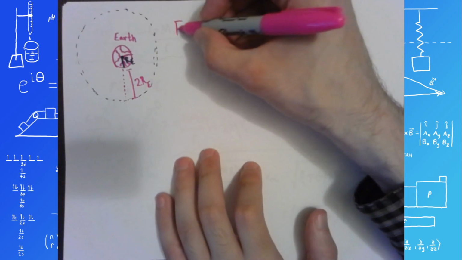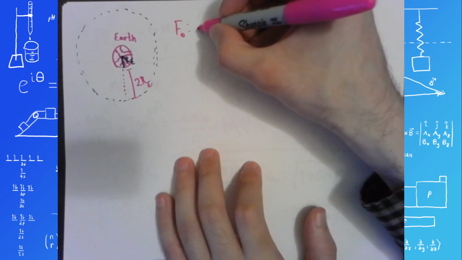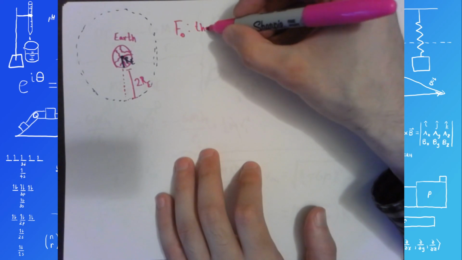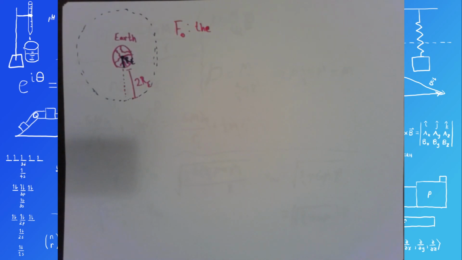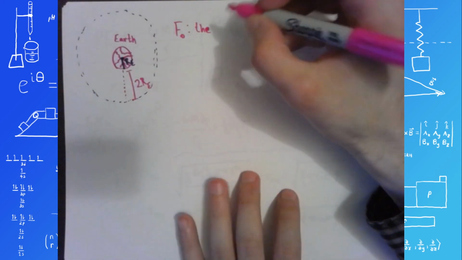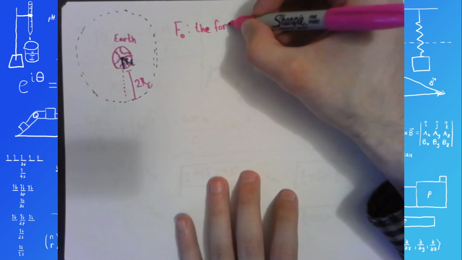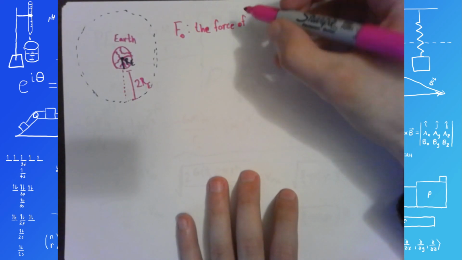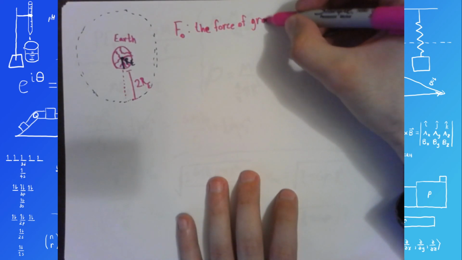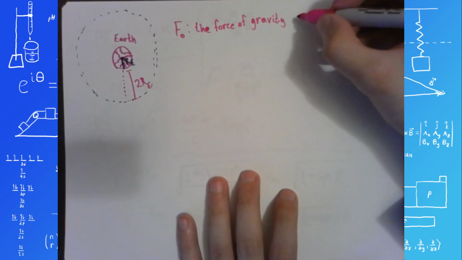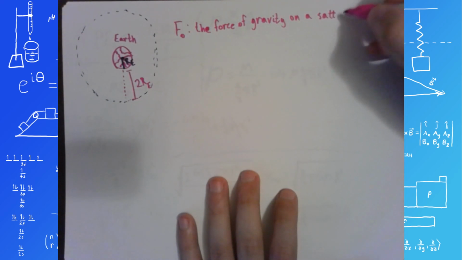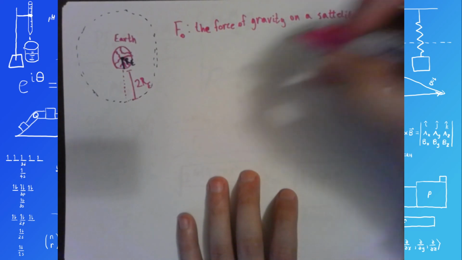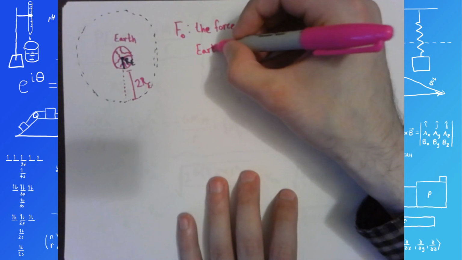So let F0 be the force of gravity on a satellite on Earth's surface.